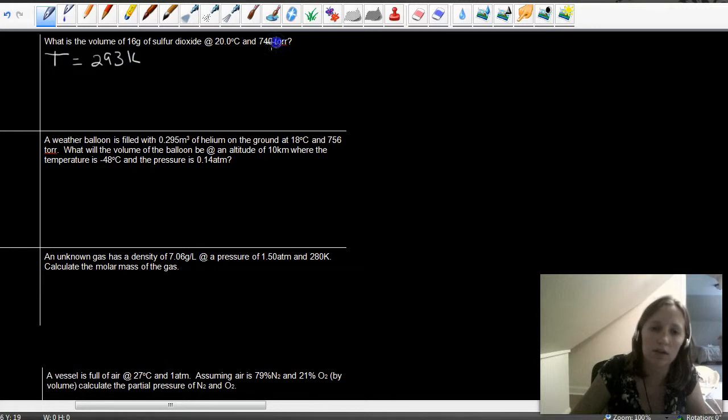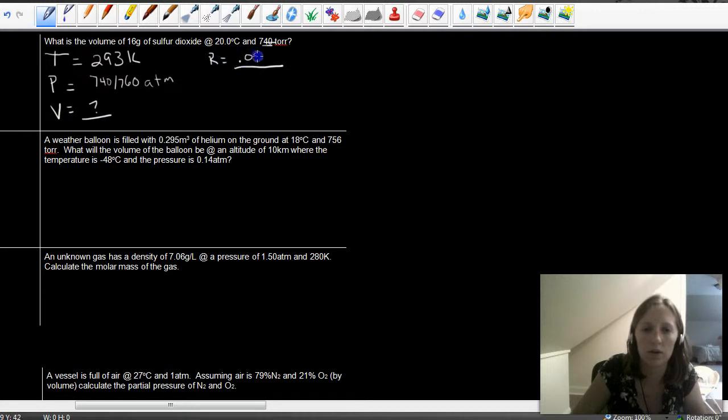We've also got pressure here with 740 torr. So that's P, and that's going to be 740 over 760. And then that will give you the answer in atmospheres. You've got to convert to atmospheres. Volume is what we're looking for. We know that R is equal to 0.08206.